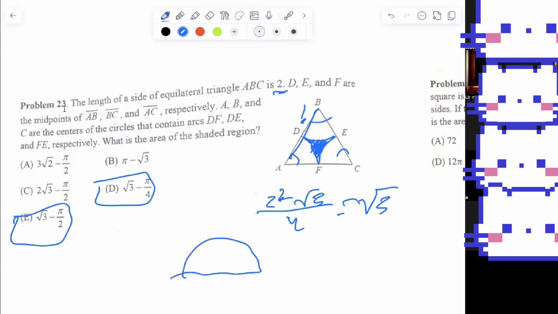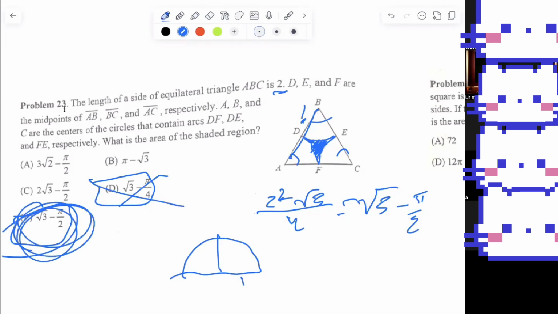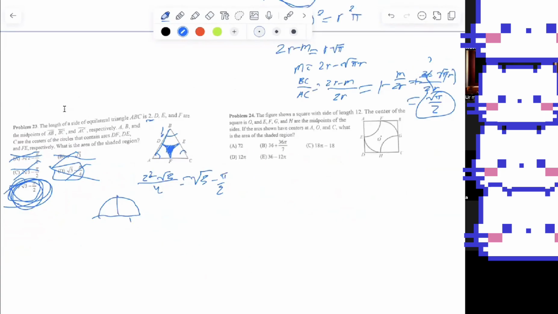You find the area of a circle with radius 1, and that's half of it. It gives us minus pi divided by 2. It gives us E as our answer right over here. Hope you guys can understand this. Feel free to ask questions.